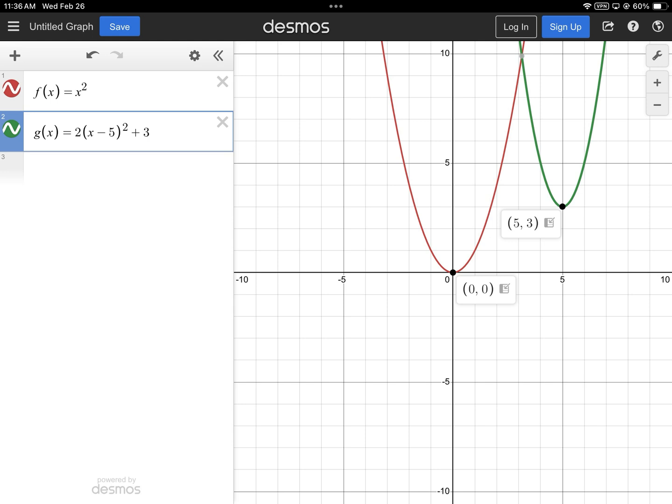So now that we've put this into Desmos, the red one is my original and the green one is my new one. I do love using Desmos because you can tap and you can see the different coordinates. What do you just notice in general before we talk about anything specific? What did it do? It's thinner. All right, it is thinner.